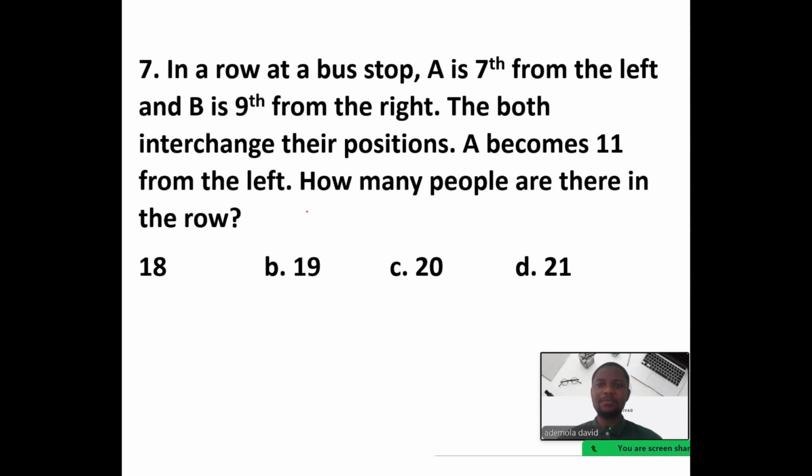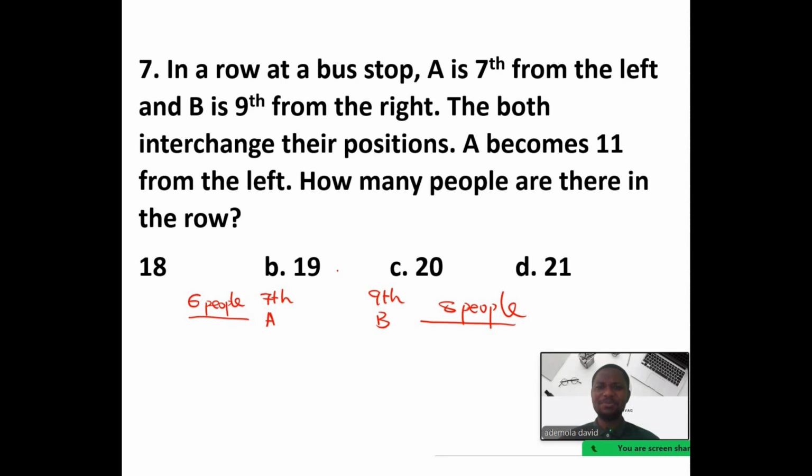Moving on to question 7. In a row at a bus stop, A is 7th from the left. So this is left. A is 7th from the left, meaning there are 6 people here before him. And then B is 9th from the right, meaning ahead of B, there are also 8 people here.